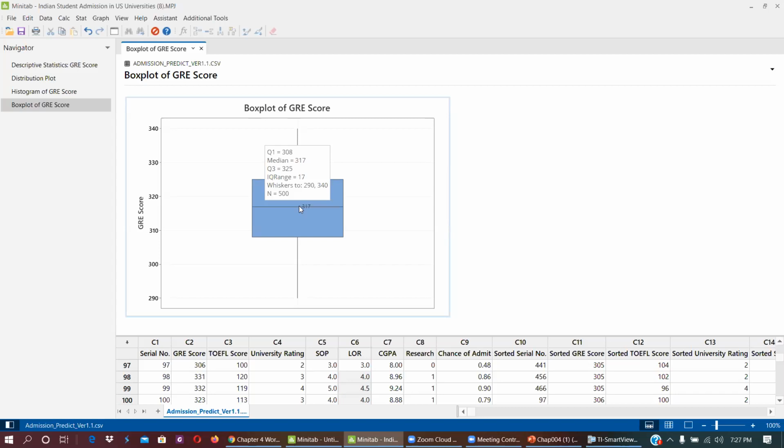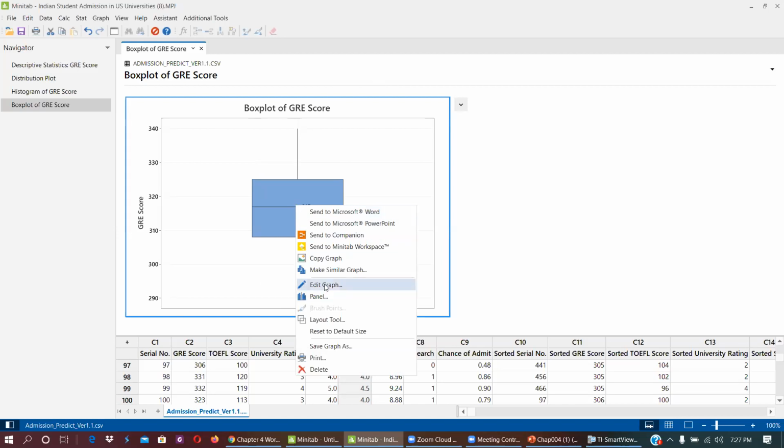Whisker, we have n equal to 500. 290 is the lowest value and 340 is the highest value. Can you see all these 5 numbers? 290 is the lowest, 340 is the highest, Q1 is 308, Q2 is 317, Q3 is 325. So you can get all these 5 numbers using this box plot.